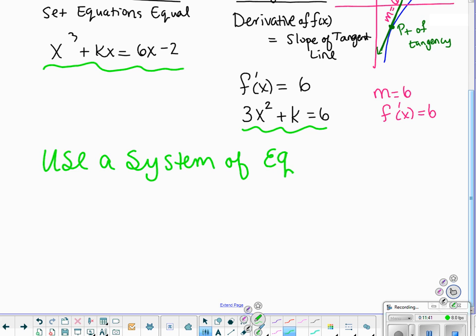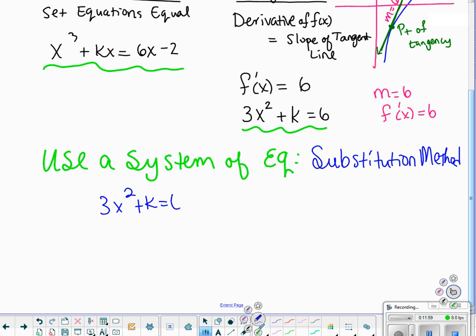The method I'm going to choose to use is the substitution method. Why? Oh, because it's going to be easy. I'm going to take 3x squared plus k equals 6 and solve it for k. I told you that would be easy.